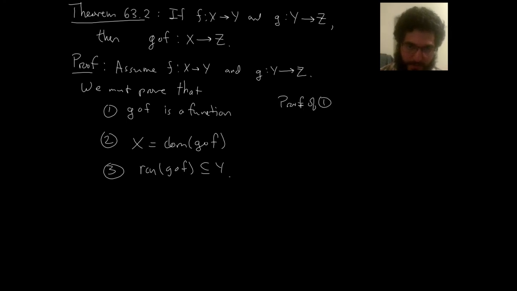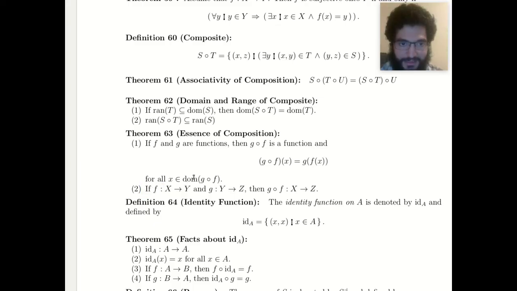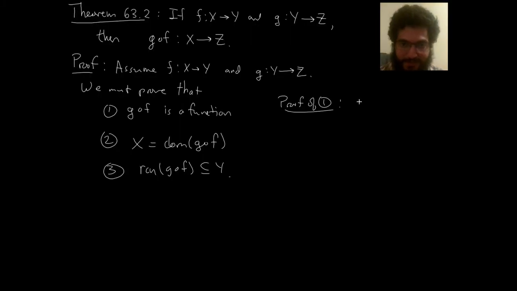Proof of 1. Oh, well that's actually, if f and g are functions, then the composite is a function. That was part of what we just did, right? So that's just theorem 63.1, the one we just did. So that's done. Okay, proof of 2. Let's do that one last.